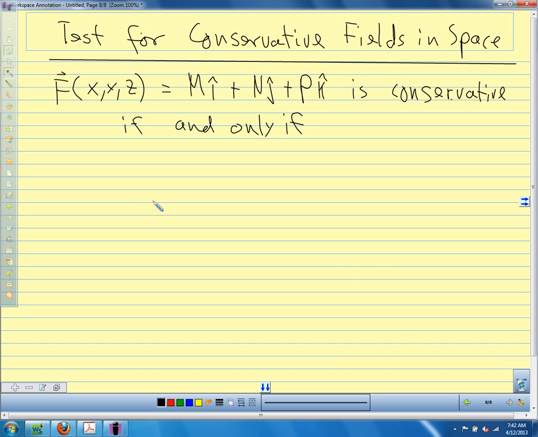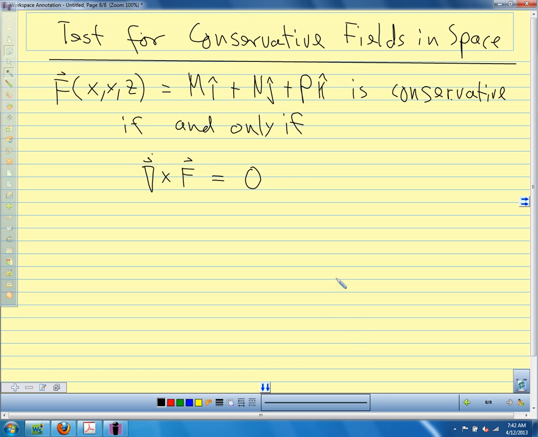What are you going to guess? Anybody have a guess how we tell if a field is conservative in space? Same as the last, but with a z component. And what would that give us? Our field is conservative if and only if del cross F equals 0.